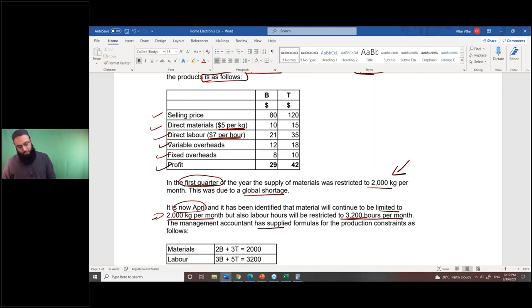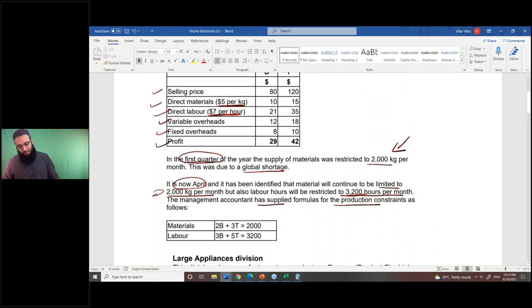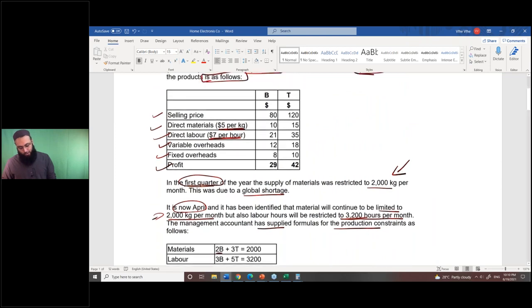The management accountant has supplied formulas for the production constraints as follows. You can see the limiting factors are represented in terms of inequality constraints, which say that to make 1 B, 2 kgs are required, and to make 1 T, 3 kgs are required, with a maximum of 2000 available, because the word restricted means it's a maximum.